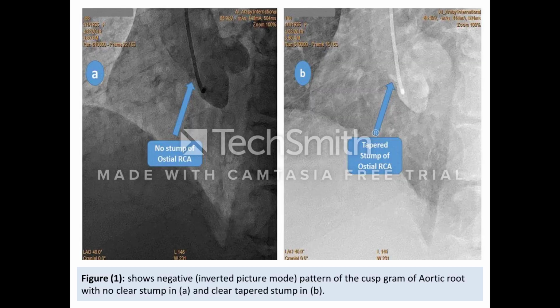As we see here, this is the regular angiography, and as we see in the cuspogram of the right coronary cusp, there is no clear stump of the ostial RCA. When we shift to the inverted grayscale, we clearly see this tapering stump, which allowed me to pass wires and finish the procedure.